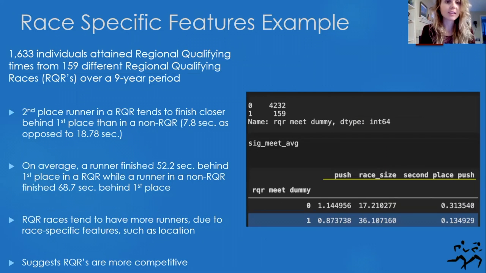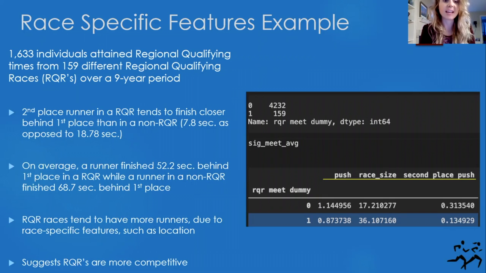After looking at the athlete, I sought to look at, like I said, the races as separate entities. Of the 1,633 individuals who attained regional qualifiers over the 9-year period worth of data I had, there were only 159 different regional qualifying races. So I wanted to look at what was different about these races.